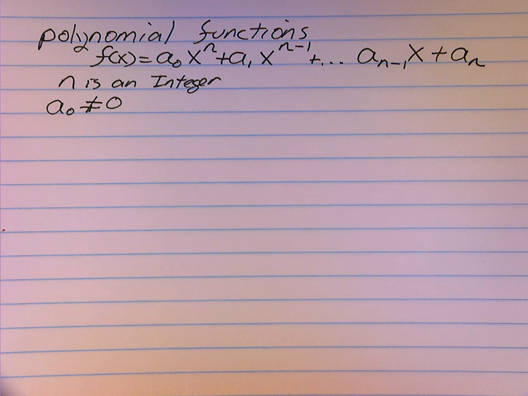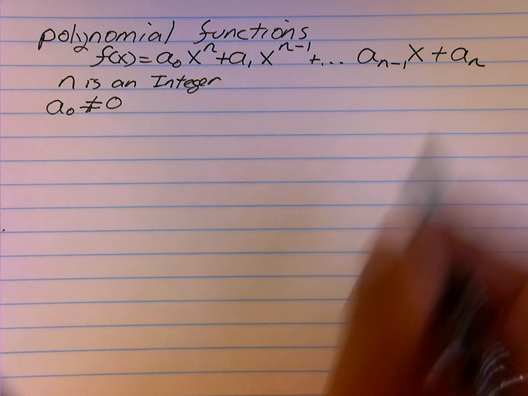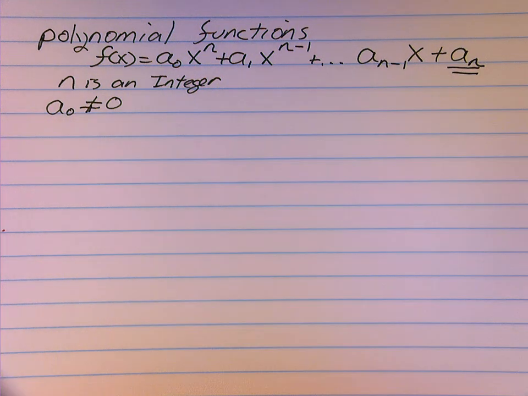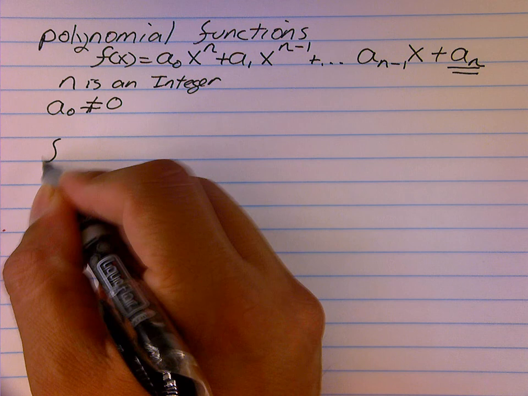I'm going to give you some examples of a polynomial function that you should be pretty familiar with. Every one of the terms in a polynomial function is a power function. It's either an even or odd power function, except for possibly the very last term, which would just be a constant. You've seen some of these.